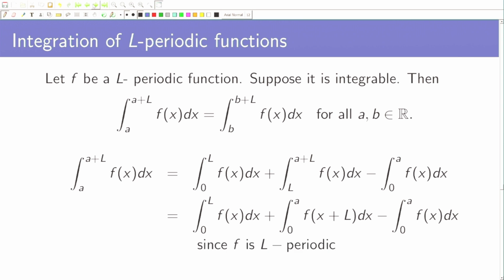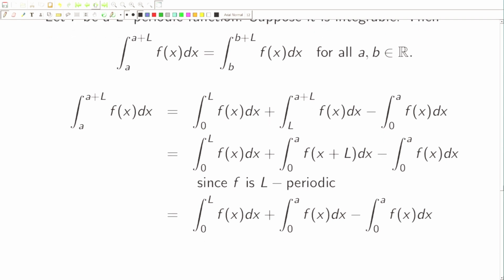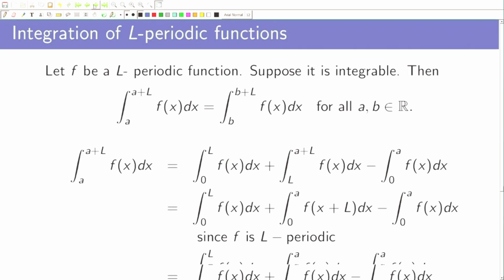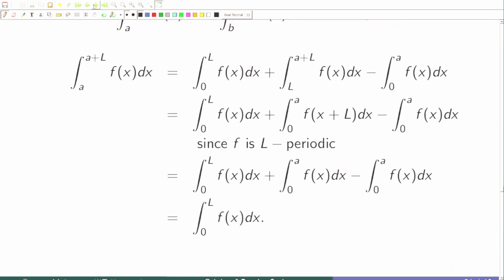So I will get that this integral is equal to the integral from 0 to L of f of x dx.